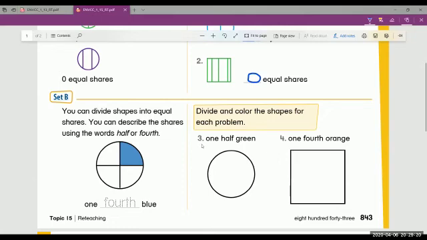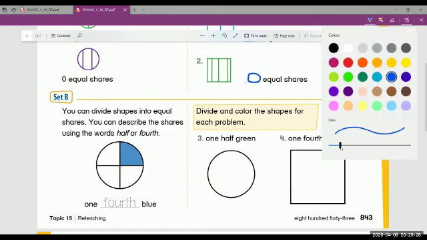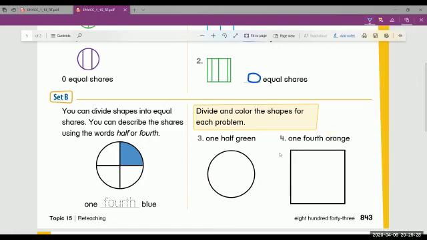Now here, number 3. One half green, 1/2 green. The first half. So here we will divide the circle into halves. Halves mean 2 equal shares.